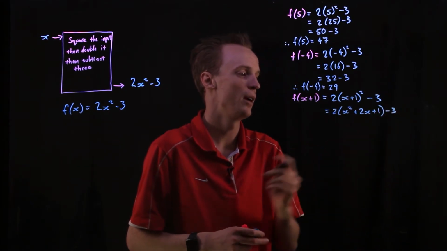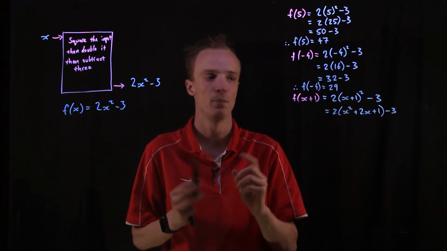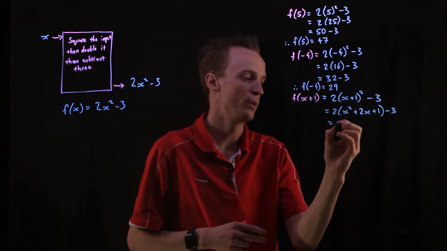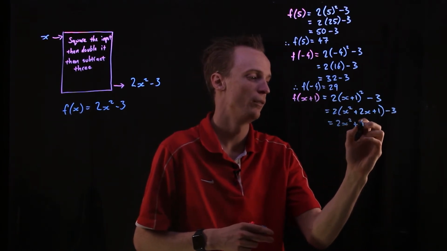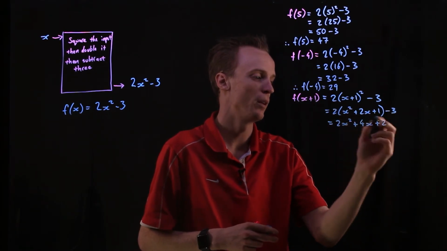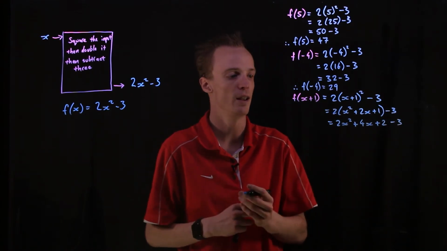And I still have that subtract 3 at the end. So now I've squared my input. Now I've got to double it, so I multiply the 2 out. This will be 2x squared plus 4x plus 2. That's 2 multiplied by everything. Then I need to subtract 3 from my function at the end.